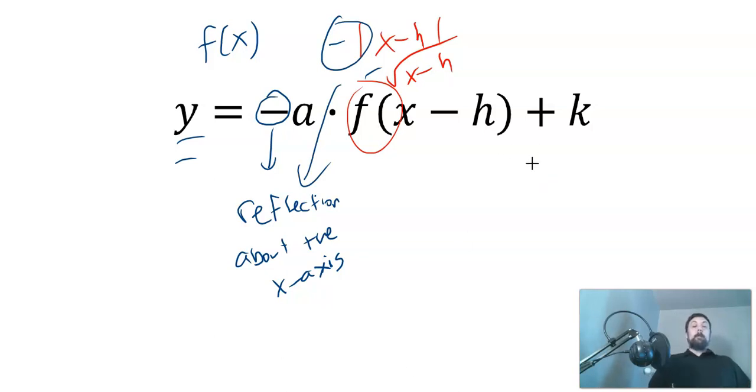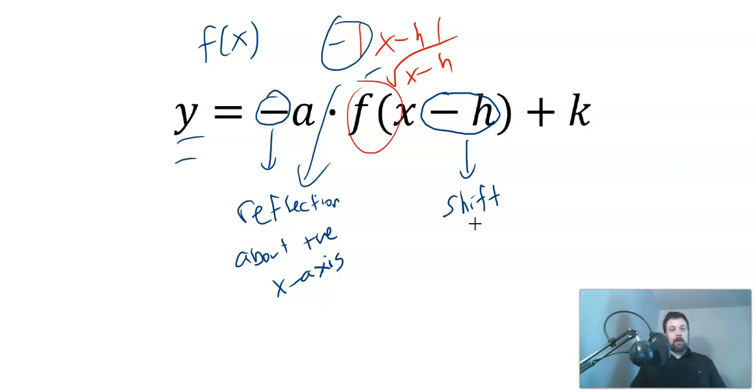All right. The minus h that you see inside of the parentheses is happening inside the function, which is why when I wrote these examples here, I put the minus h with the x inside the absolute value or inside the square root. This is going to be a translation. And an easier way to say translation is that it shifts the graph.